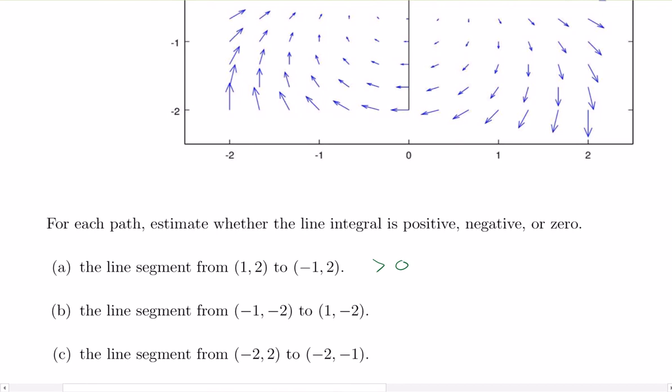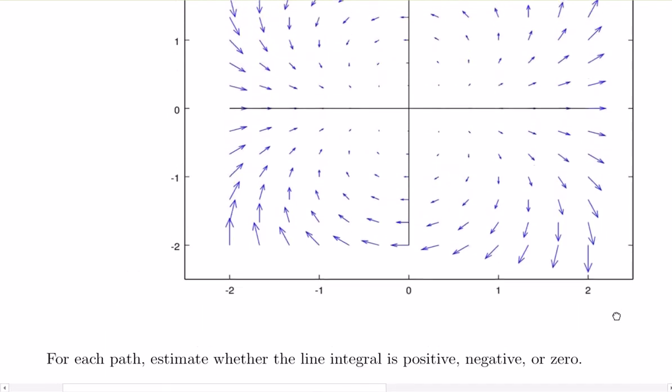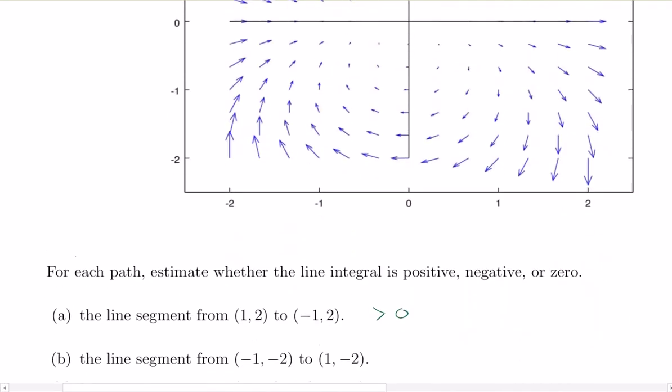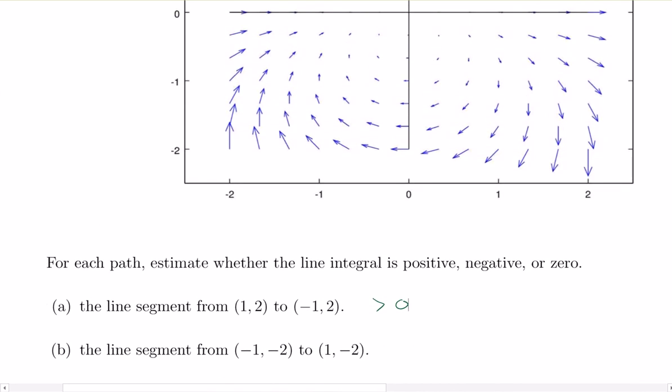Okay, let's look at part B. The line segment from (-1, -2), so here, let's start in black, starting here, to (1, -2), so ending here.